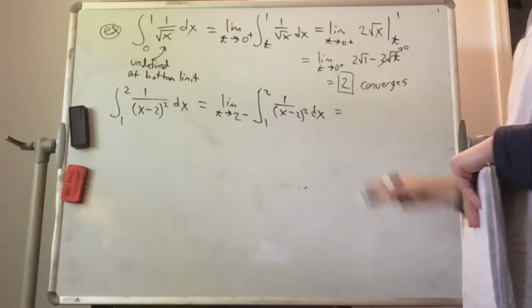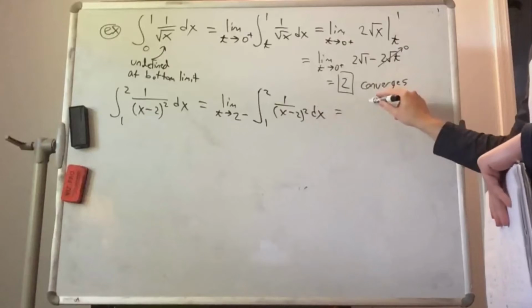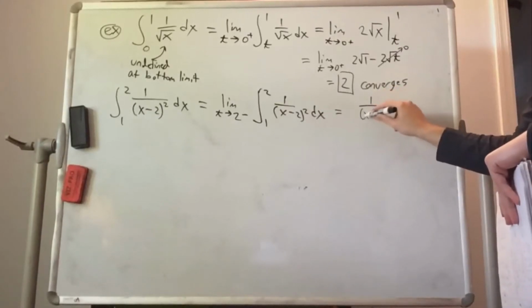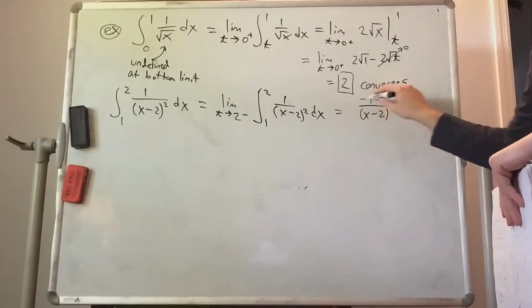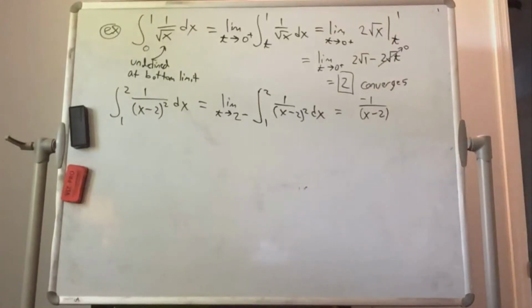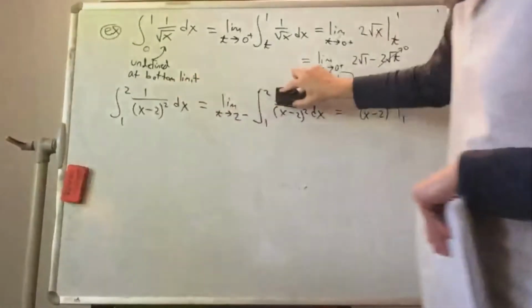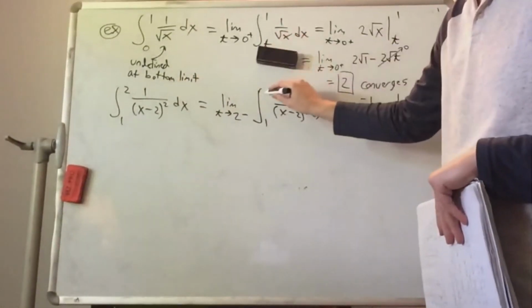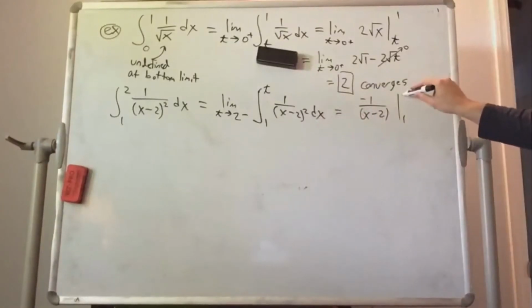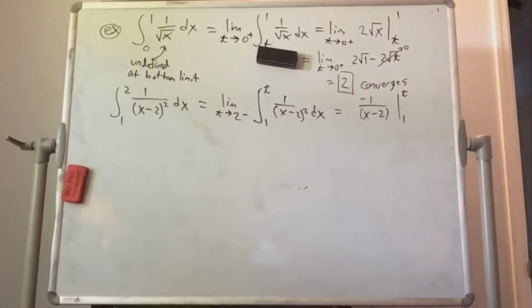So I'm going to raise the power by 1 to negative 1 and divide by the new power, which is a negative 1. So you should get negative 1 over x minus 2 from 1 to, wrong limit here. Should not be 1 to 2, should be 1 to t. So evaluate that from 1 to t.